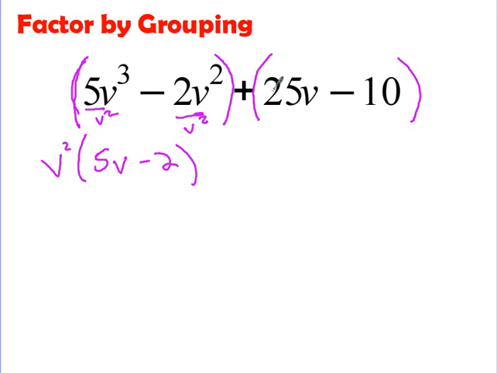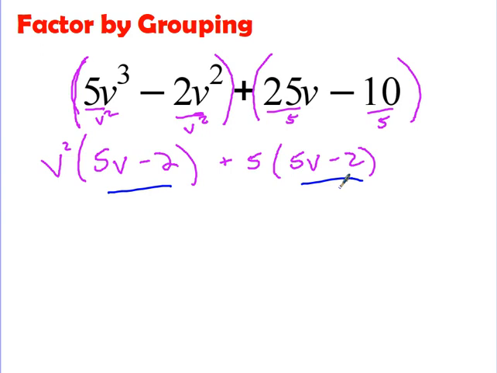I'm going to do the same thing over here. I'm looking here and I have a common factor of 5. So I can factor out 5, and that's going to give me 5v minus 2.